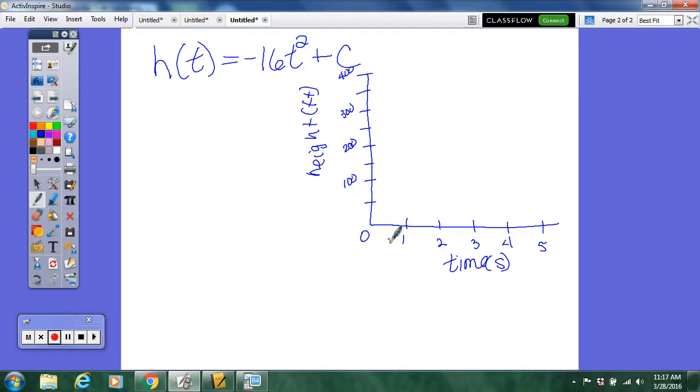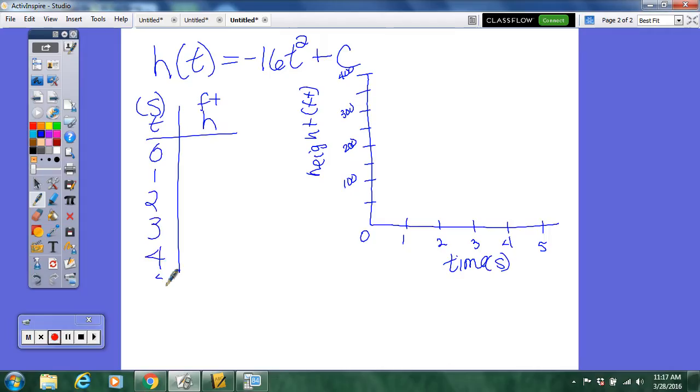Alright, so you've got the table, and time in seconds. Feet is the height. So they want you to fill in this table. And down at the bottom, here's your equation.